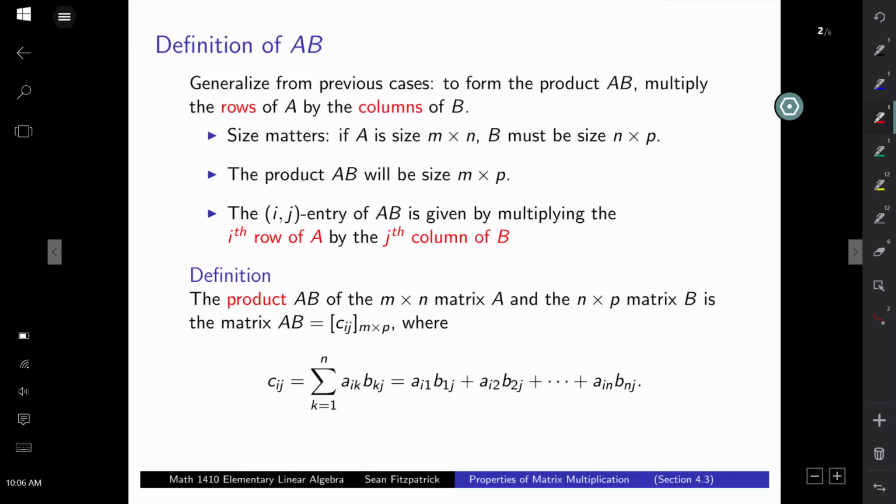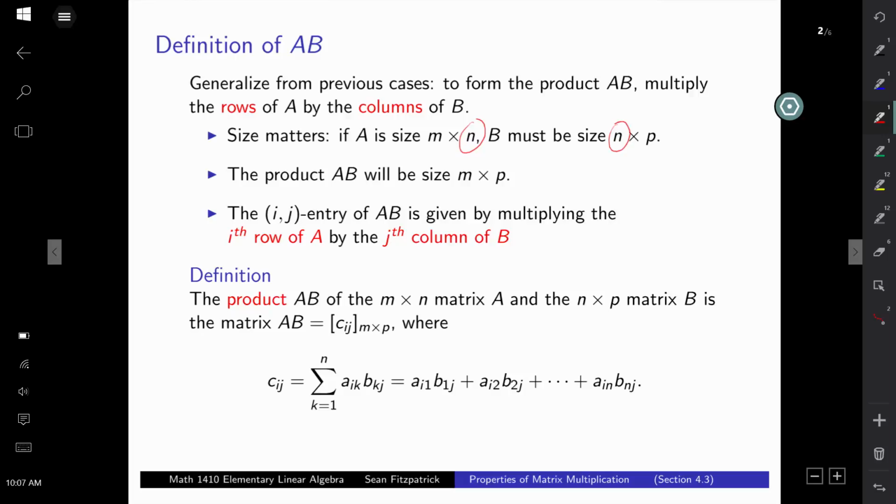So the definition, if you want to write down a formal definition, is given as follows. We want to form a product A times B. As we saw in the previous video, if I want to do A times B, then the number of entries in each row of A has to match the number of entries in each column of B. So these two numbers have to match, okay?